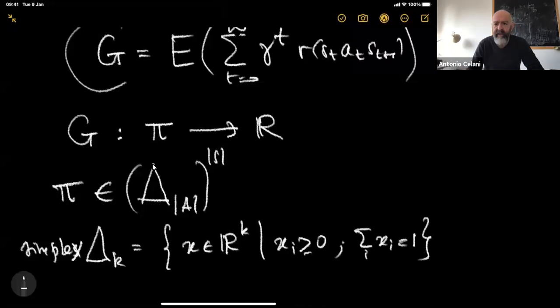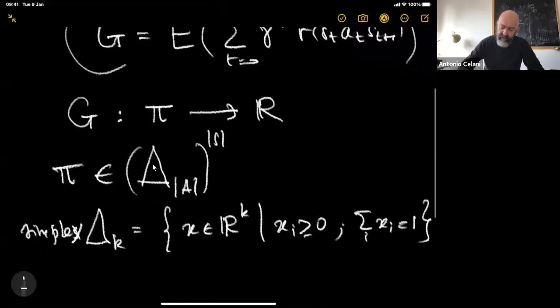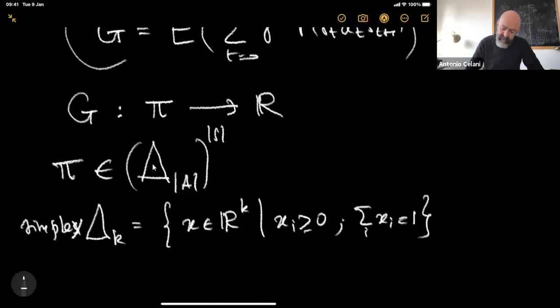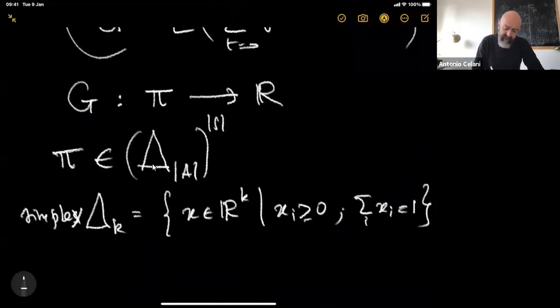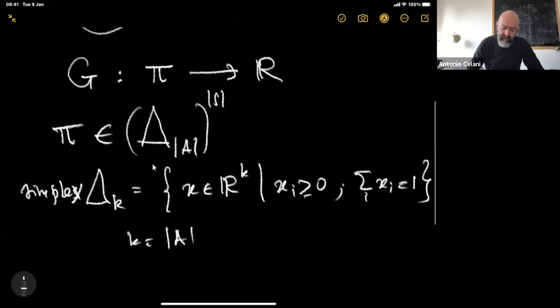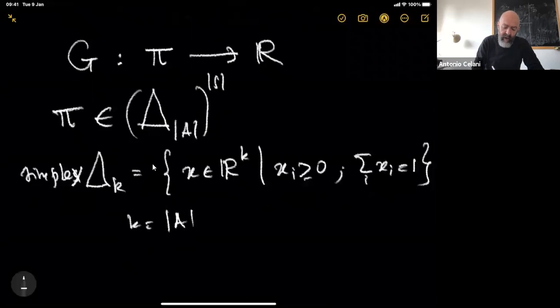So these are legitimate probability distributions over a set of K possible events. Delta sub A means that I'm caring here about probability distributions over actions, and there are A of them, the cardinality of the set of actions. And then I have one of these probability distributions for each state, so there is the product of all these simplexes.